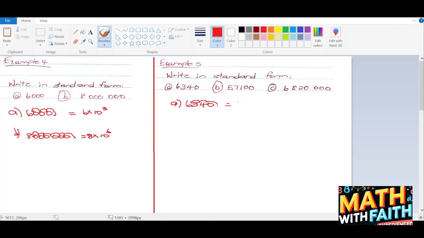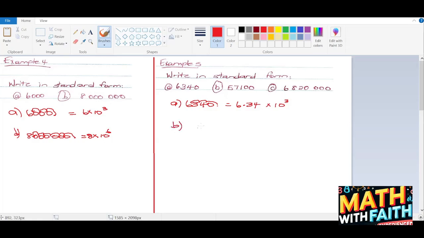If we moved it 3 times, this number will now be 6.34. It's not 6.0, so we can't just say 6. We have to say 6.34, and we moved it 3 times, multiplied by 10 to the power 3.